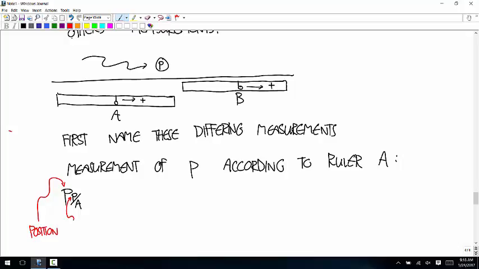The second one is for the position of that particle P. And the third one is for ruler A. And in words, we're going to call this the position of P relative to A.